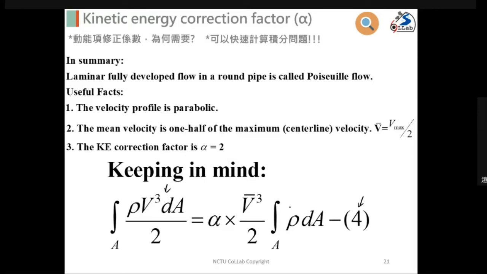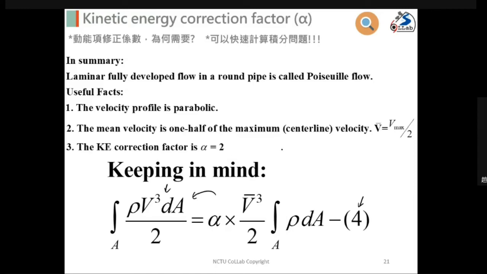If we have the alpha value already, we can simply multiply alpha by the integration under the assumption of uniform flow profile, and then we can rapidly compute the complicated integration on the left hand side.